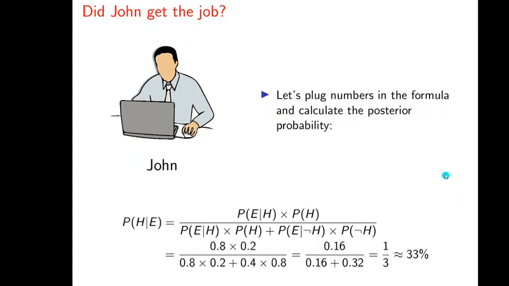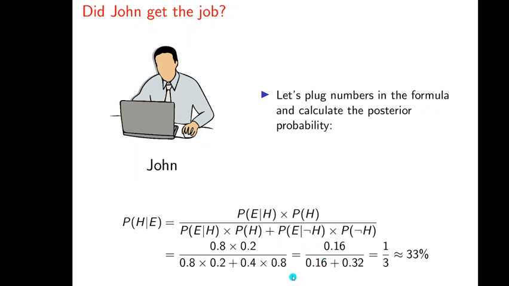Here we have the likelihood that John got the job, the probability of the evidence given the hypothesis, equals 0.8, times the prior probability, which is 0.2 or 20%, divided by the same value, 0.8 times 0.2, plus the probability of E given not H, which is the probability that John did not get the job, equals 0.4, which is half the probability given that John got the job, times 0.8, which is the complement of the prior probability 0.2.